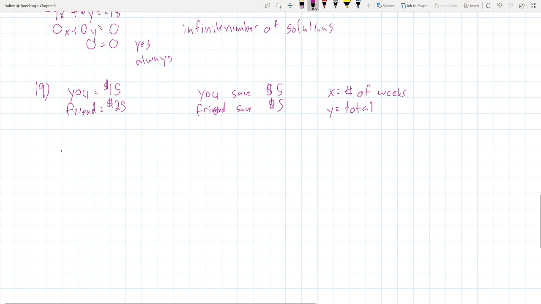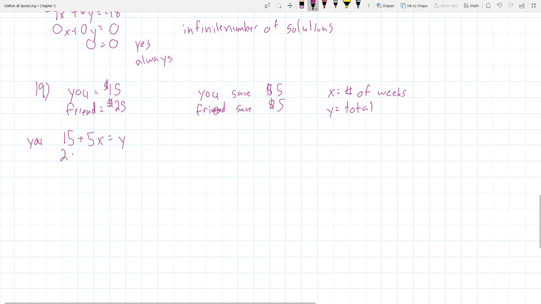So if we write this out, you have $15. Let's just make this the you statement. You start with $15, and you're going to add $5 every week, which is x, and you're going to have some amount.